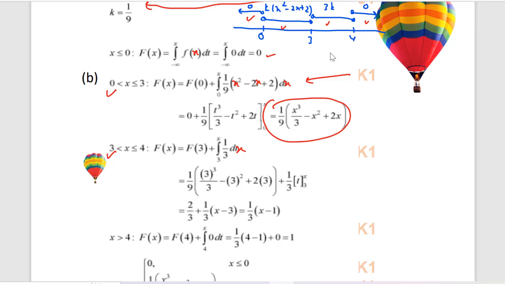So, you will get K1. Working steps here will get K1. Finally, you will get the function 1 over 3 x minus 1. Okay, that is for the third range.